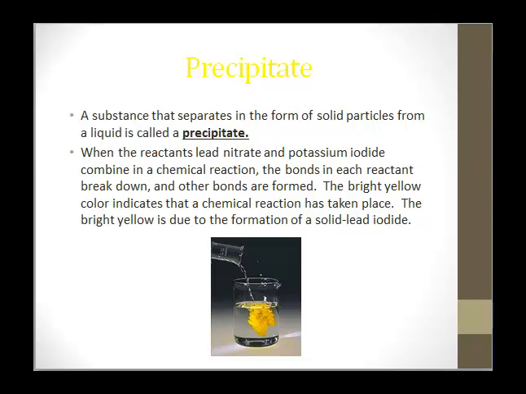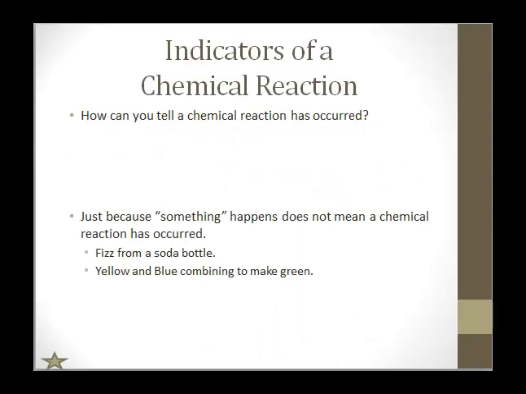So some of you might be thinking, all right, well, how do I know whether or not a chemical reaction has occurred? There are ways for you to say maybe a chemical reaction has occurred. A chemical reaction can result in a precipitate being formed, so that was the slide we just discussed, in the formation of a gas, as we talked about with this one.